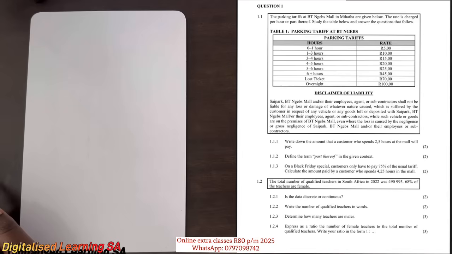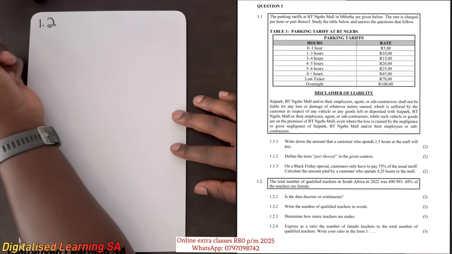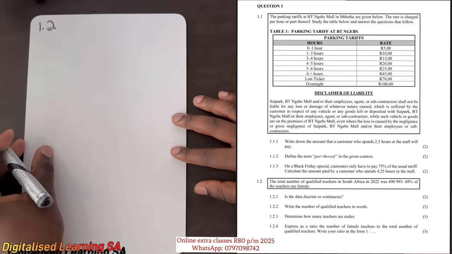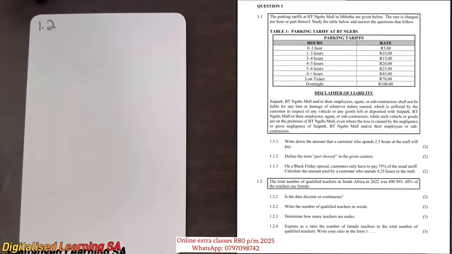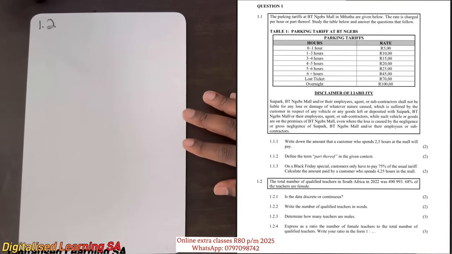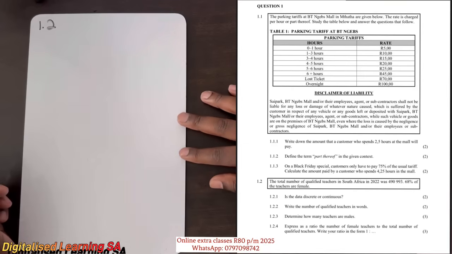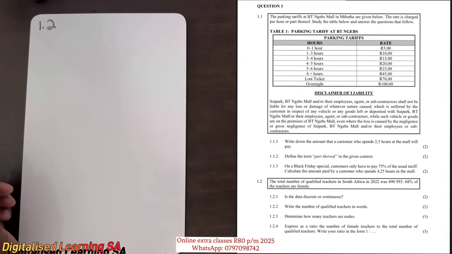Okay, so now let's continue with question 1.2. We are told that the total number of qualified teachers in South Africa in 2022 was 490,993, and we are also told that 68% of the teachers are female.